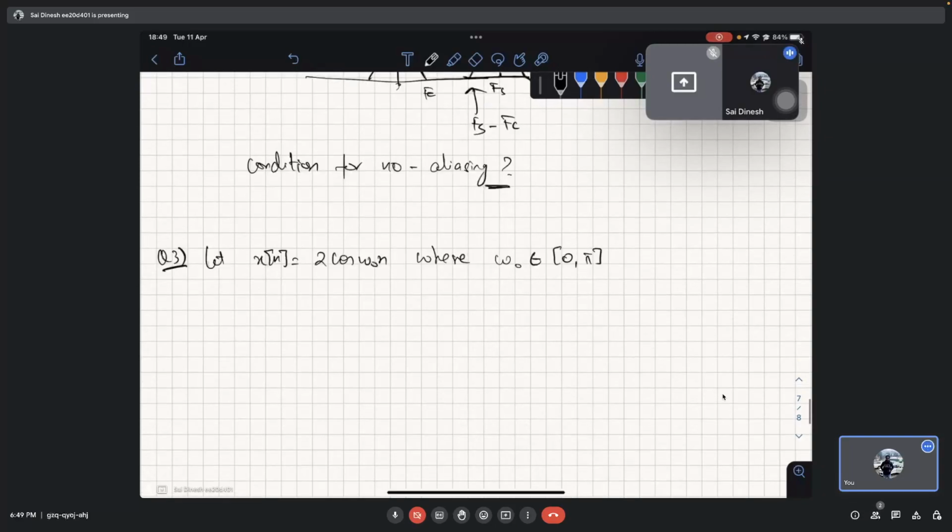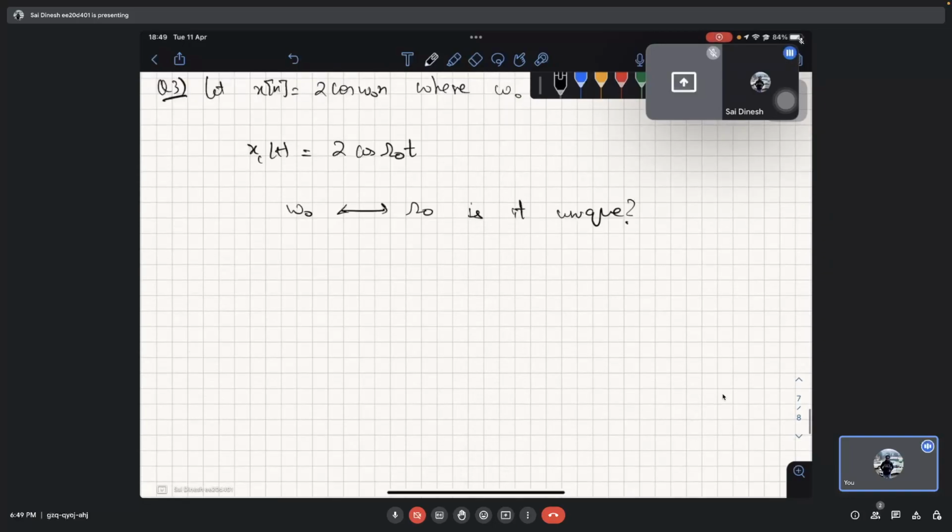So this is omega naught, and this says xc of t is equal to 2 cos omega naught t. Is this omega naught unique?